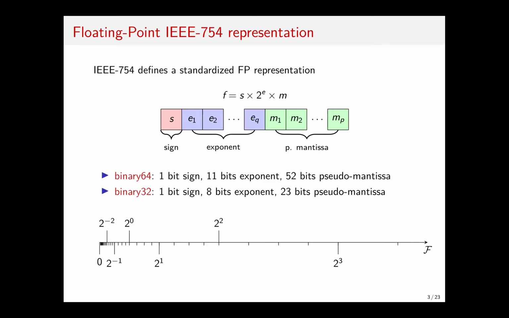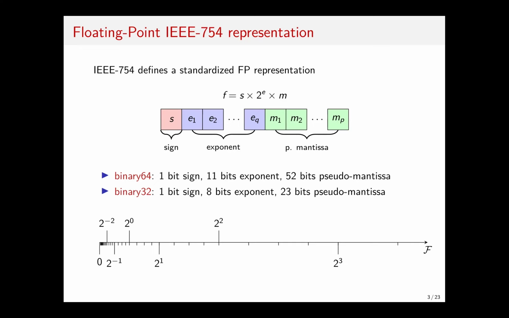What is interesting about this representation is that it has a large dynamic range. It allows representing very big and very small numbers thanks to the exponent. But that means the errors are not going to be the same when you have a very small number or a very big number. It's what we see on the real line at the bottom.